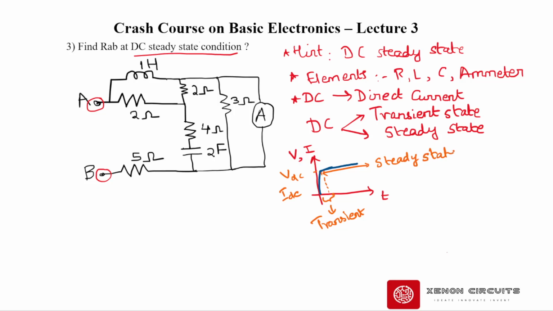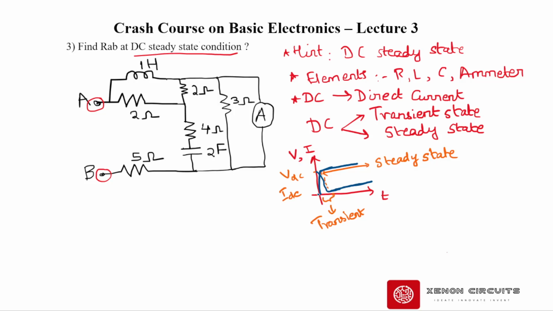Transient state doesn't necessarily mean the rise time. In some cases it can be of this sort as well, where it will be falling suddenly and then reaching a constant value.